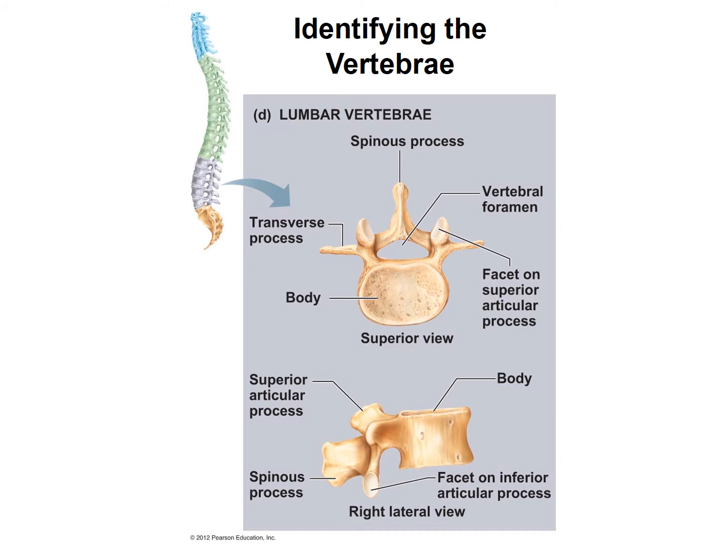Lumbar vertebrae will have a vertebral foramen that is heart-shaped, or in this case it looks almost like a circle that was sort of pushed down on top. But it will not be that perfect round shape that we saw with the thoracic vertebrae. They also will tend to have a sort of short hatchet-shaped spinous process.